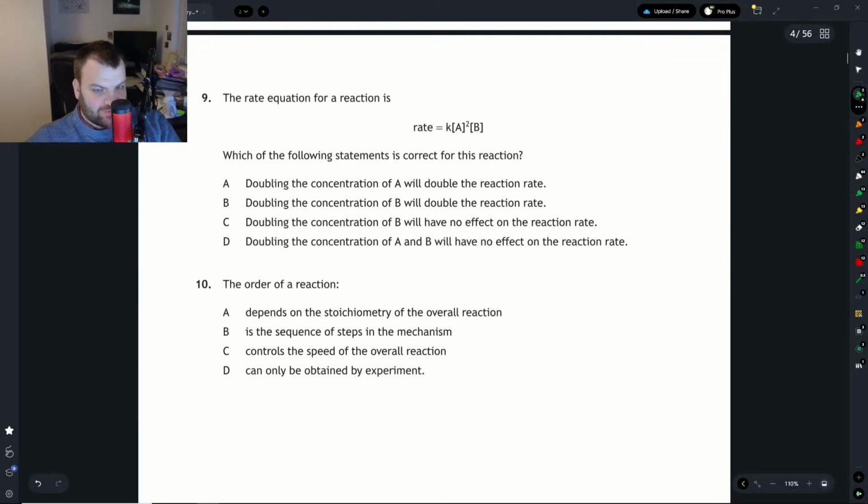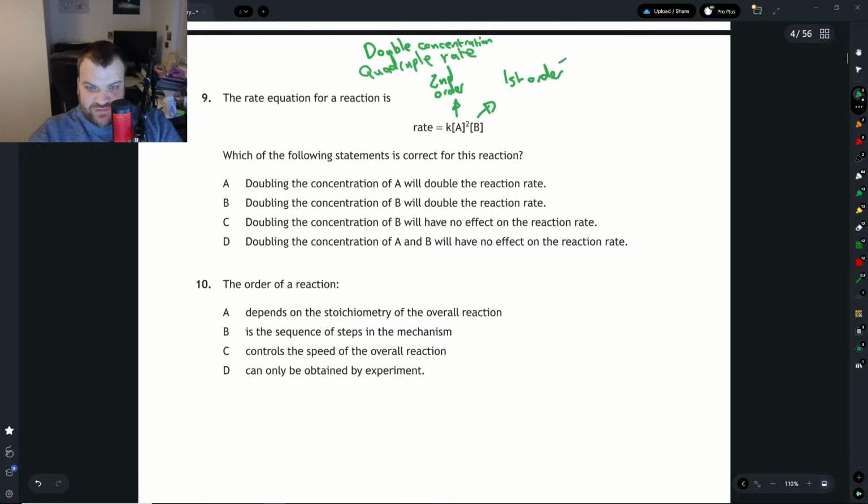Moving on to question number 9. We have got our rate equation given to us. The power of the 2 means that this is second order with respect to A, and we have first order with respect to B. Second order means double concentration, you quadruple the rate.